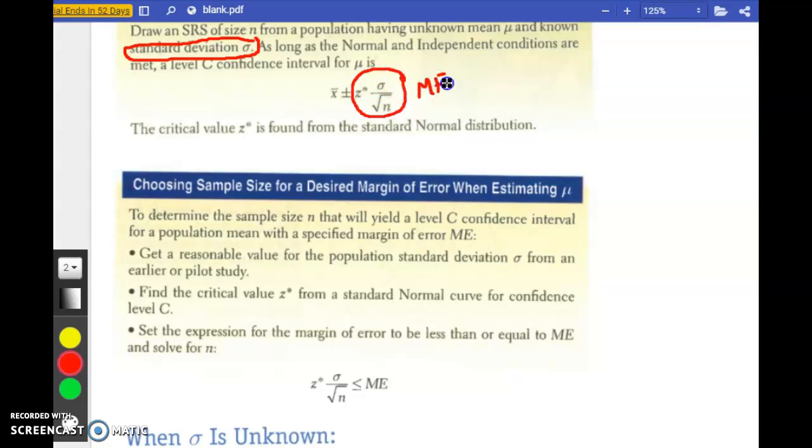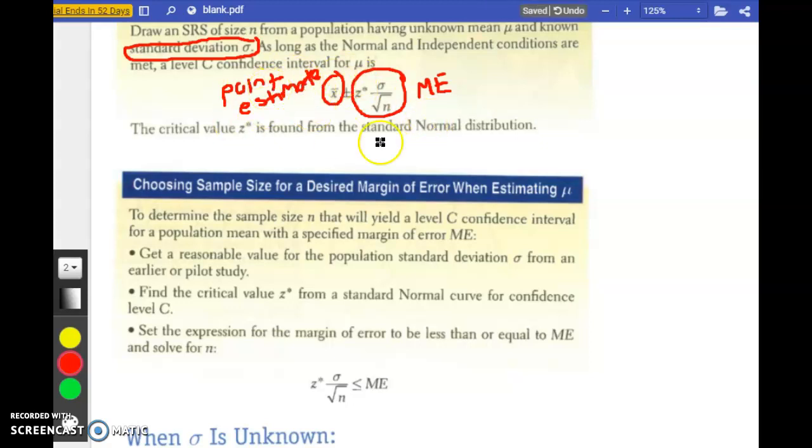And if you remember from 8.2, this X bar, that's your point estimate. So because the sample mean is not likely equal to the population mean, you can't just say that's what my mean is. Samples are very different from populations usually. You add or subtract this margin of error based on some significance level.